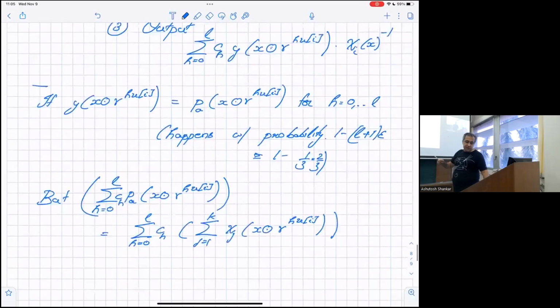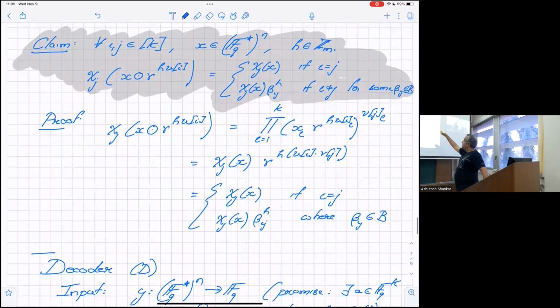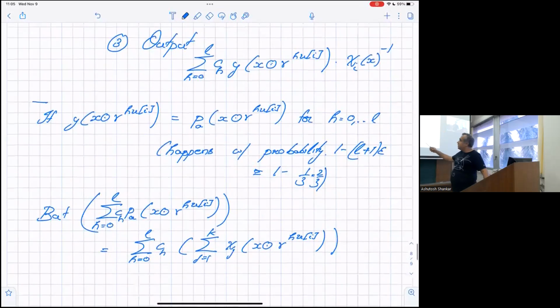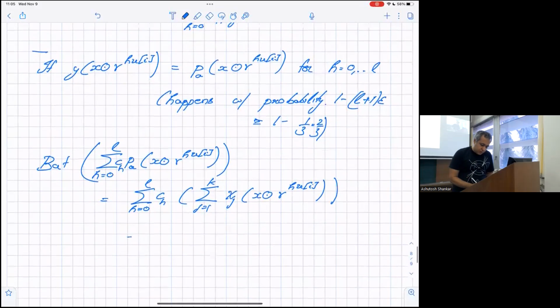Now, because of this previous claim, in this summation, the only thing that will survive is the i. All the other guys vanish. So you only end up with a_i of x. You pick the right guy out, everything else vanishes, and that's the analysis of the whole thing.